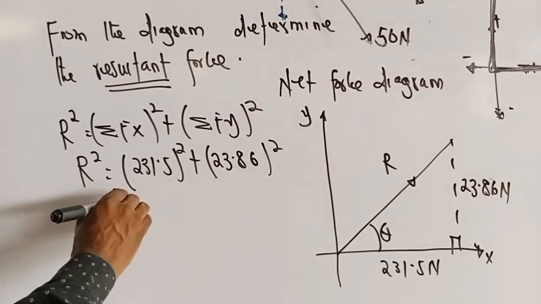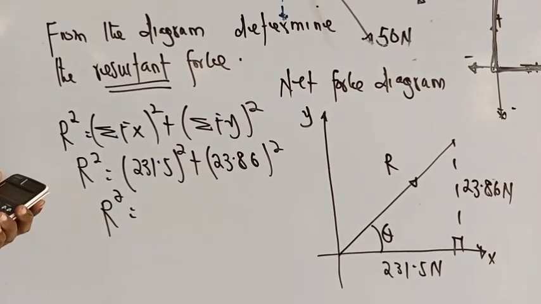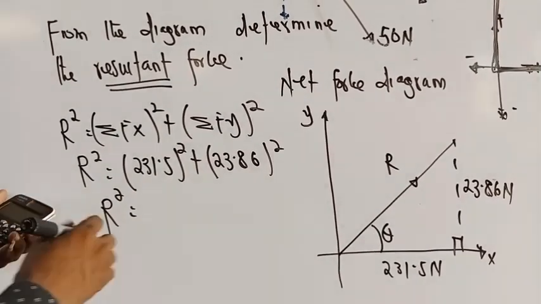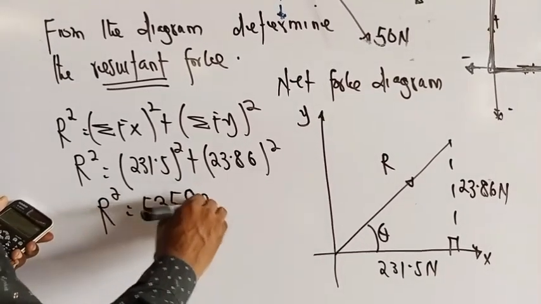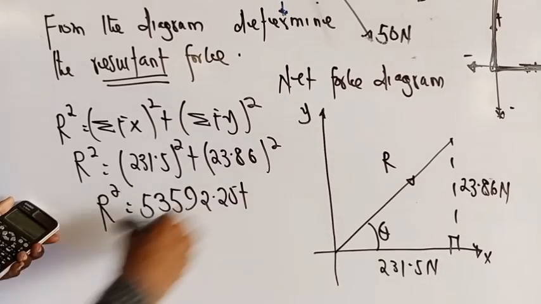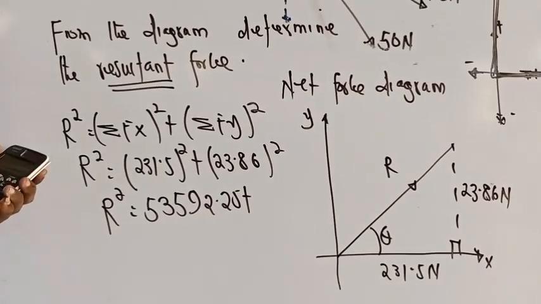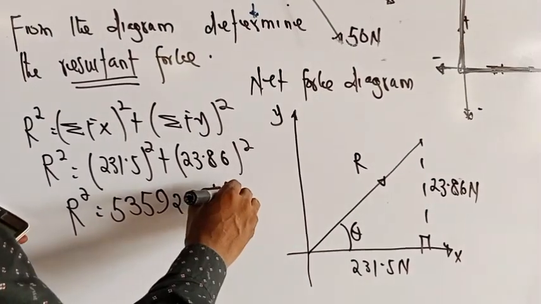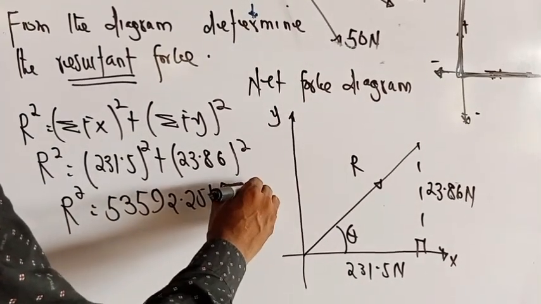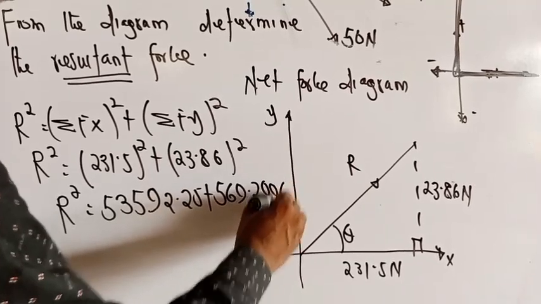So I'm having R squared as 231.5 squared, that will give us 53592.25, plus 23.86 squared, that will give us 569.2996.